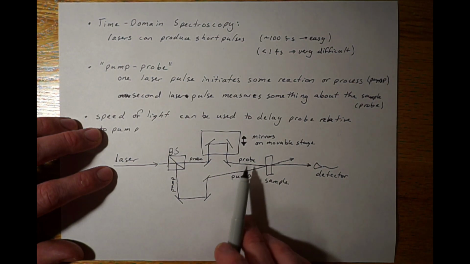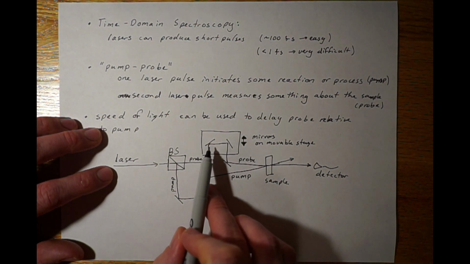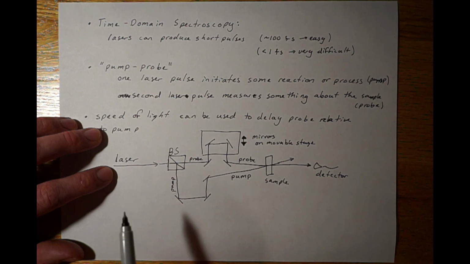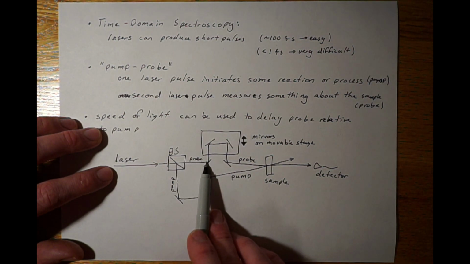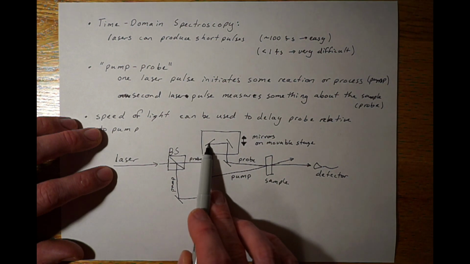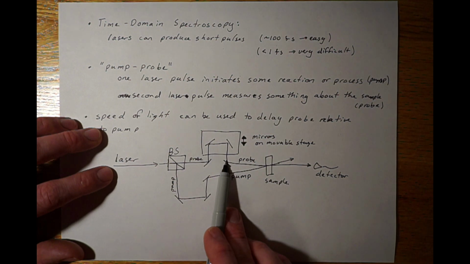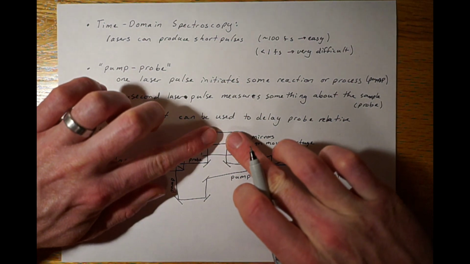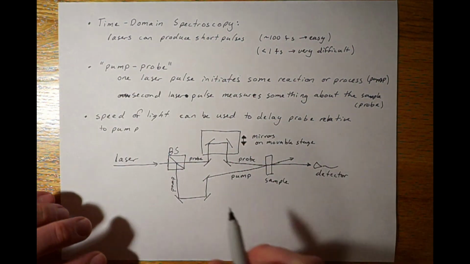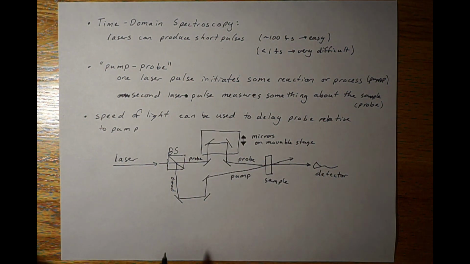And so how do we control this timing between pump and probe pulses? What we can do is we can put two mirrors on a movable stage. And so you can see this probe pulse comes in here, bounces off this mirror, comes up and hits this mirror on a stage, and comes back kind of the same direction before going to the sample. Now, if we move these two mirrors back further, this probe pulse has to travel a farther distance.